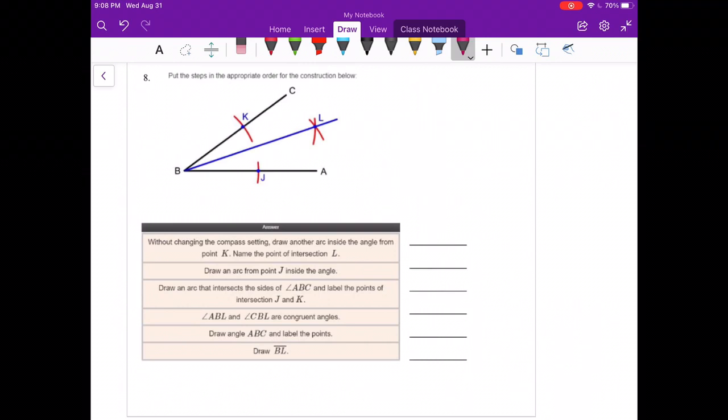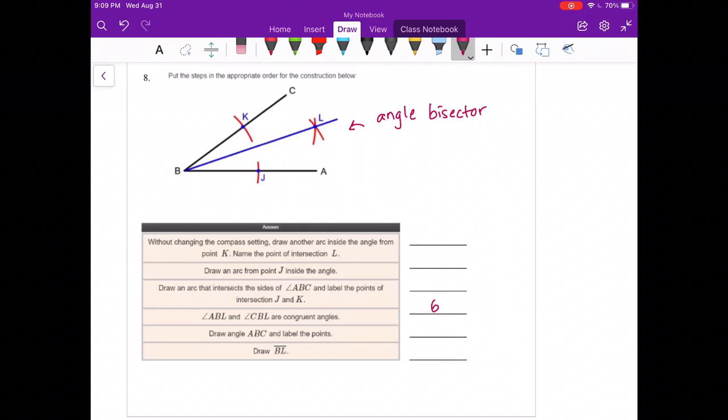And this is actually the construction for creating an angle bisector. So at the end of this construction, we should have created two angles that are congruent to each other. For this same reason, we know that the statement that says angle ABL and angle CBL are congruent angles should be number 6.